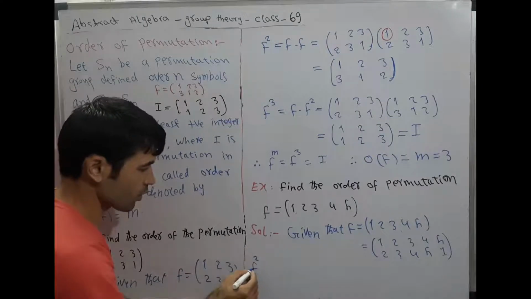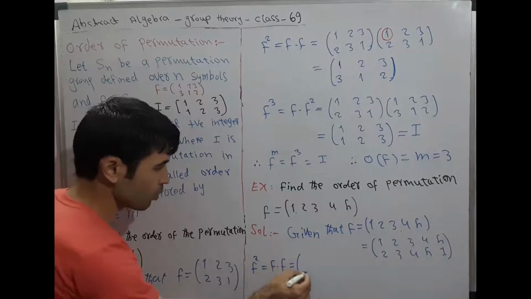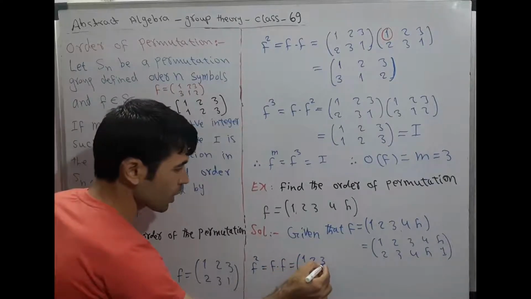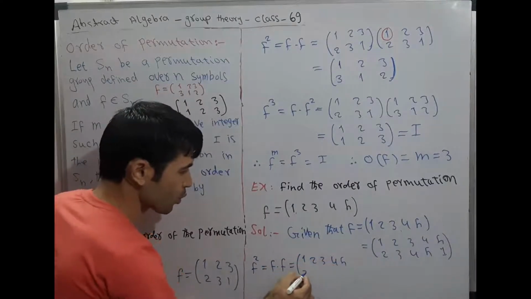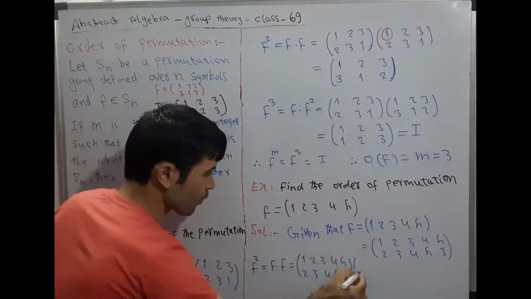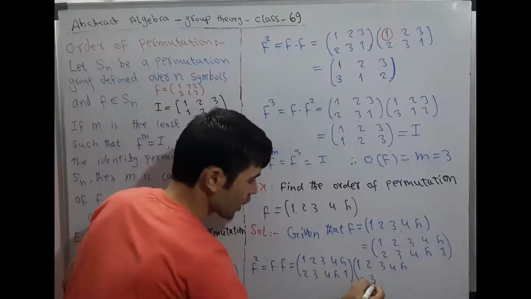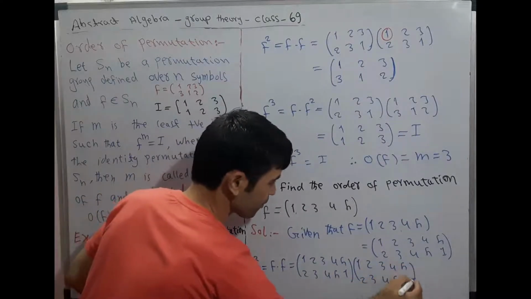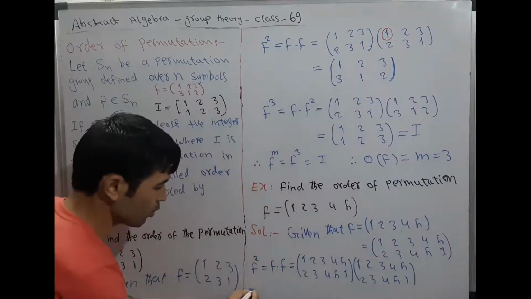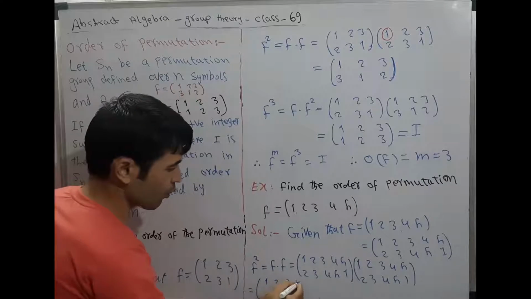First, f squared is equal to f into f is equal to 1, 2, 3, 4, 5, 2, 3, 4, 5, 1 into 1, 2, 3, 4, 5, 2, 3, 4, 5, 1. It is equal to 1, 2, 3, 4, 5.